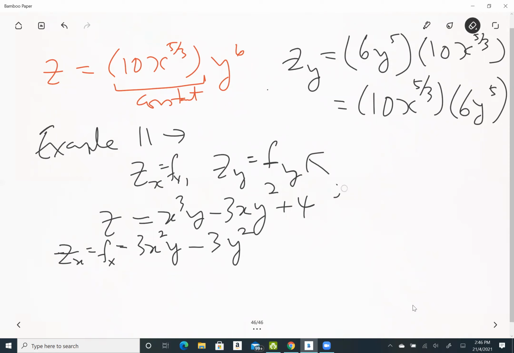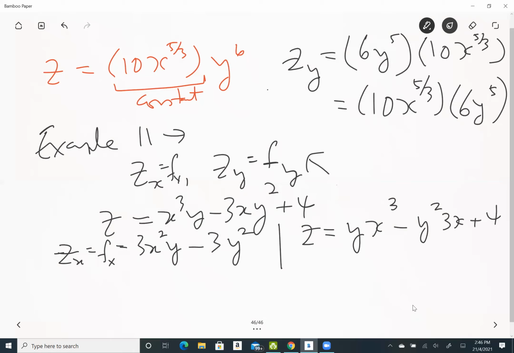We write another step in order for you to find the fx. So we write z equal to y x cubed minus y squared 3x plus 4. So you know that that's a constant. Think of a number 5 or 10. So that constant will just follow the derivative.